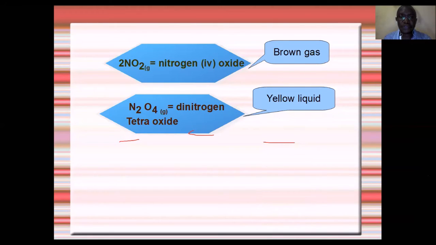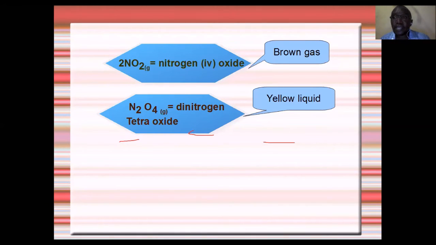To convert nitrogen dioxide to dinitrogen tetraoxide, we need to cool. That process requires low temperatures for it to happen, but it is a reversible process. To change from dinitrogen tetraoxide back, that process will require heating, where we raise the temperature. In that system in equilibrium, the forward reaction requires low temperatures.